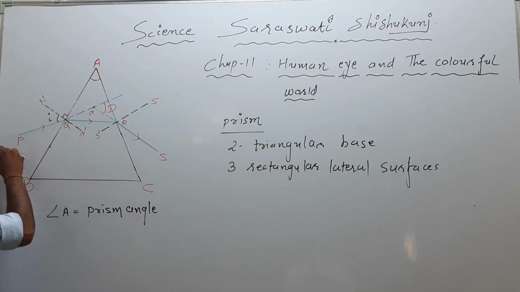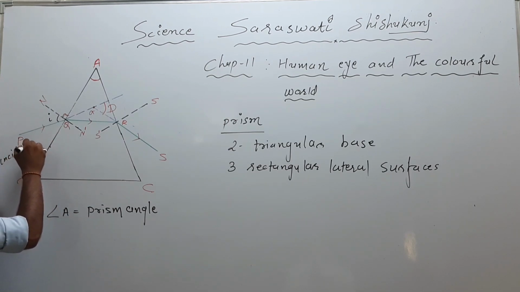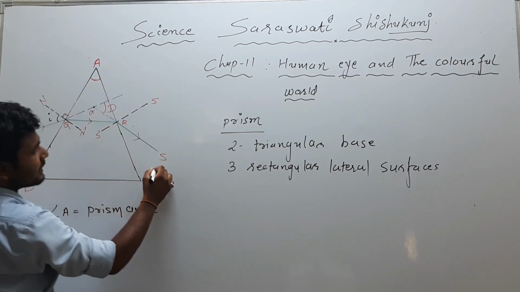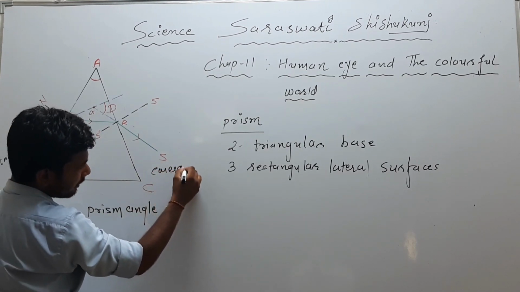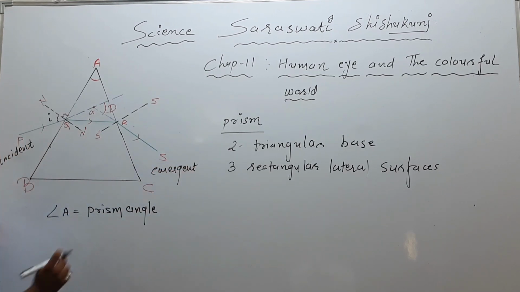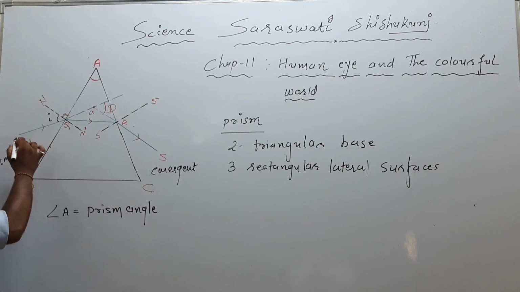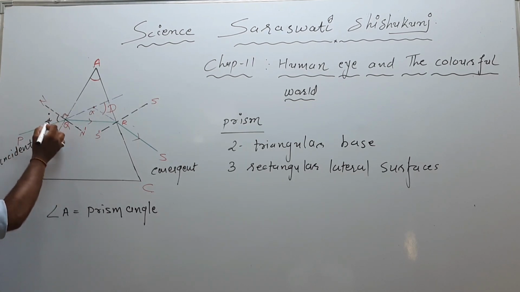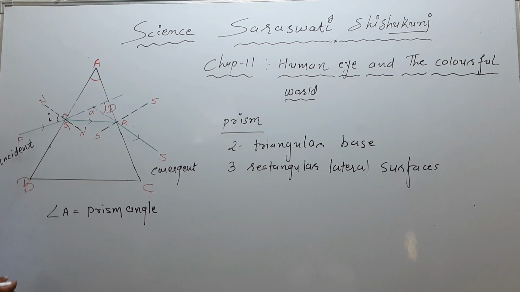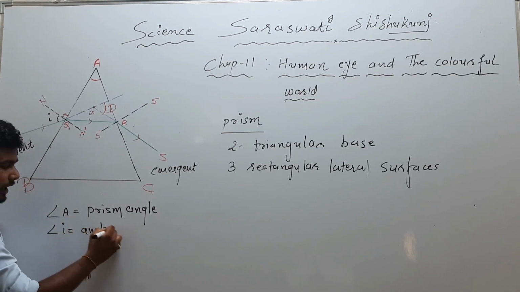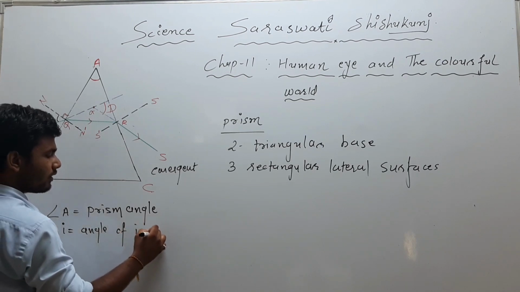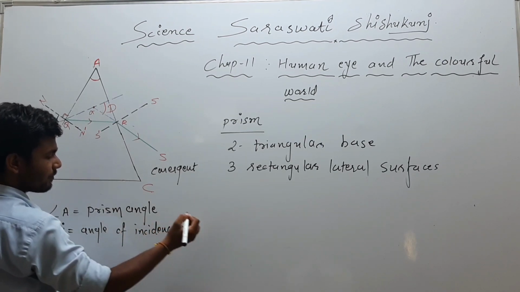This is my incident ray PQ and RS is our emergent ray. Here you can see this angle PQN, that's our angle i, which is called the angle of incidence.